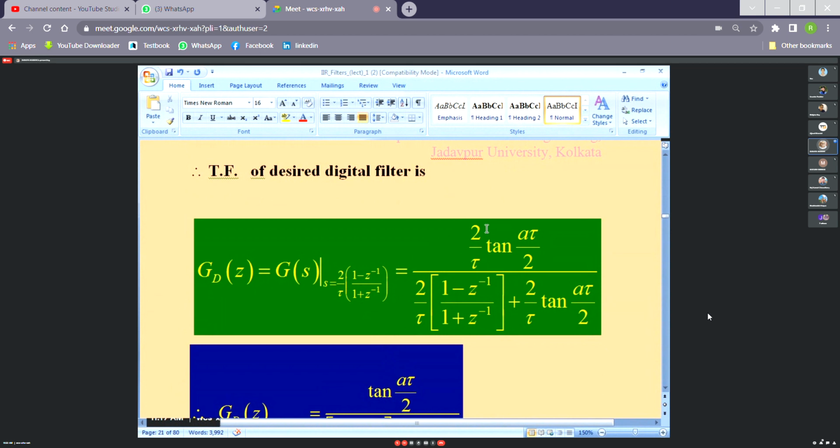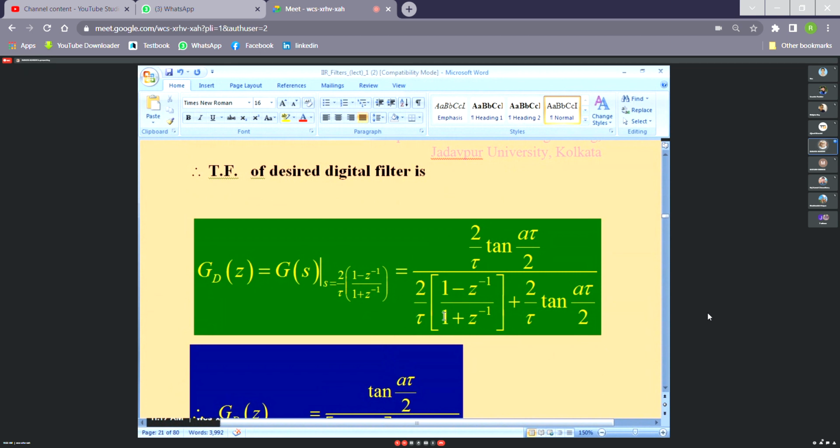In the numerator, that 2 by tau term, and in the denominator, in the second term, which contains 2 by tau, these 2 by tau terms have crept in while we pre-warped the desired digital filter cutoff frequencies. The appearance of those 2 by tau terms was the result of this frequency pre-warping.